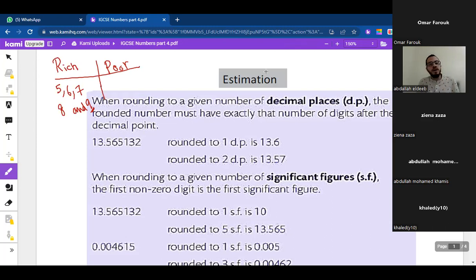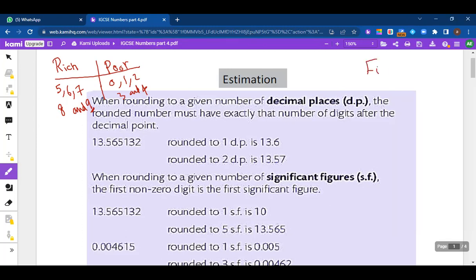The poor numbers are 0, 1, 2, 3, and 4. And we remember in grade 3, the teacher used to say: 5 or more, add 1 more. 4 or less, let it rest. Who remembers this? 5 or more, add 1 more.